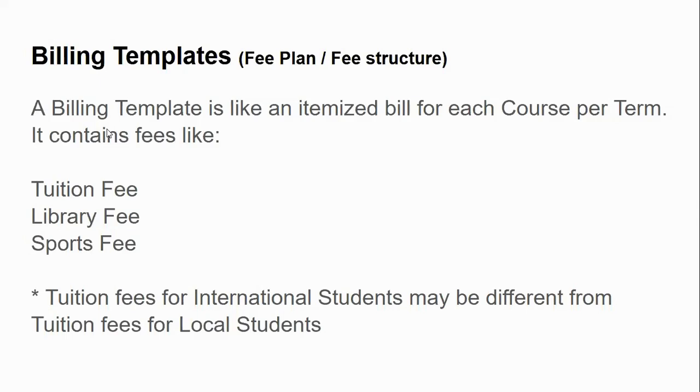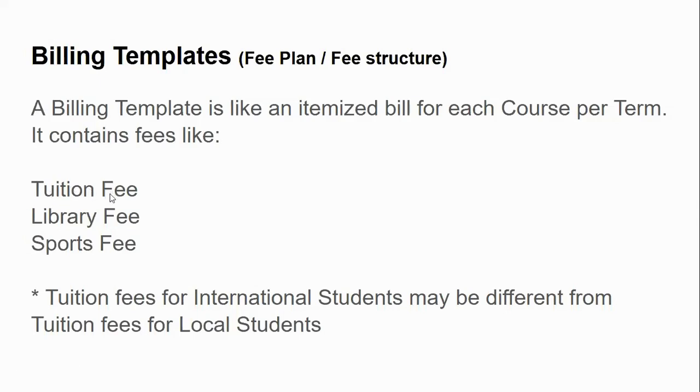So maybe you have, let me say, grade 1 students for first term. This is the billing template for them. Then, if it's a university, you may talk about people doing maybe science or, let's say, engineering students, first semester. Then you have that billing template. So once you have your billing template set up, you can now apply it. So your billing template will include the tuition fee.